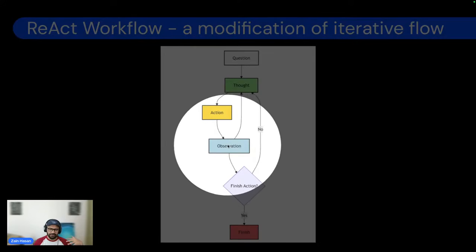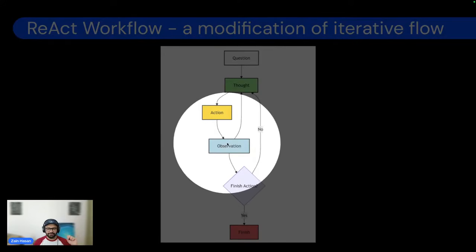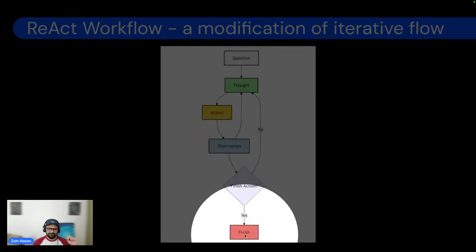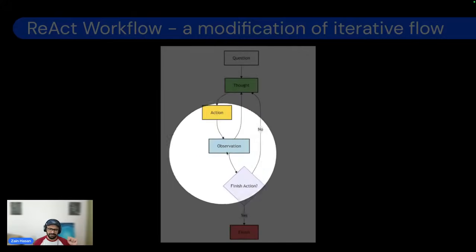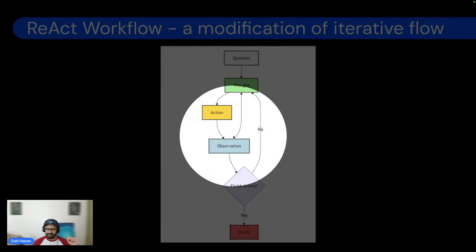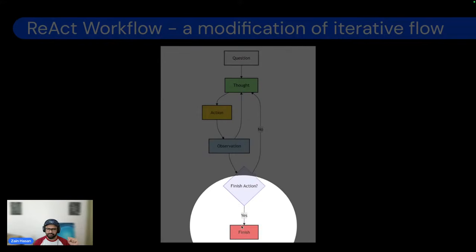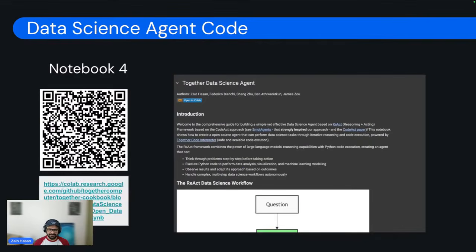And now the language model can decide: I now have the output for the code that was run. I can either choose to terminate and finish, or I can take the next step, right? I can plan to do something else, and it can keep on going until it determines that the question is answered and it terminates. And so this very simple workflow can do very complex data science tasks.